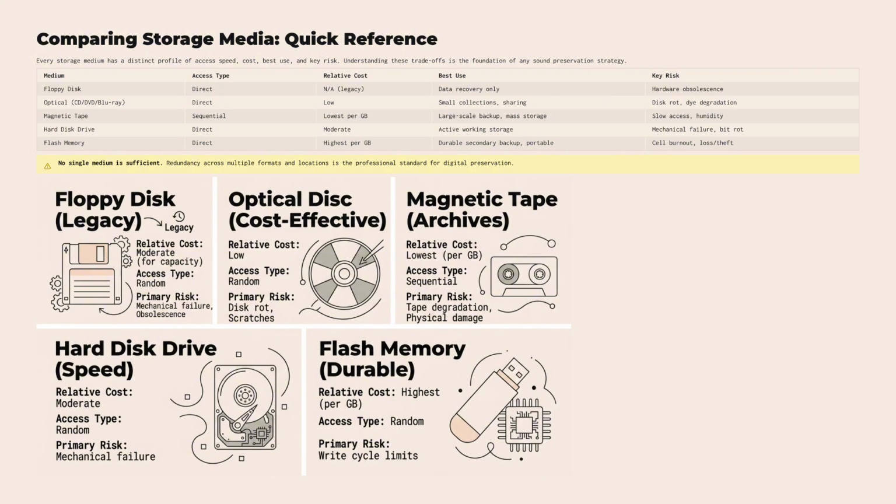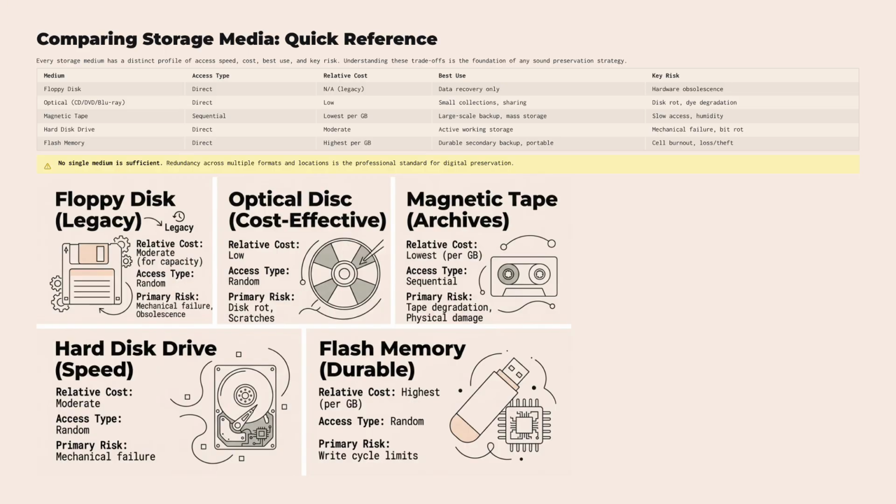Hard disk drives are the everyday working standard: high capacity, reasonable cost, fast access, but mechanically fragile and requiring active maintenance. Flash memory is the best option for portability, durability under adverse conditions, and situations where you cannot maintain controlled storage environments, though it is expensive and requires refreshing.